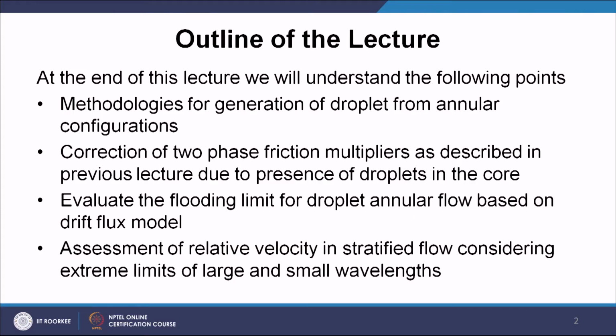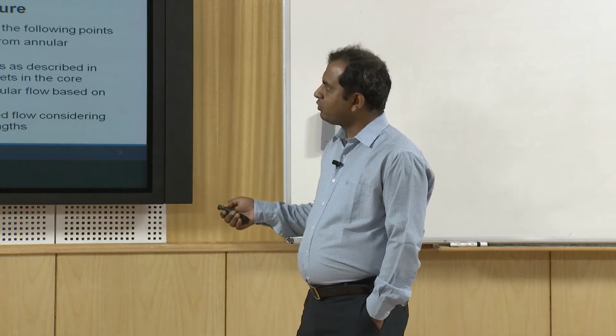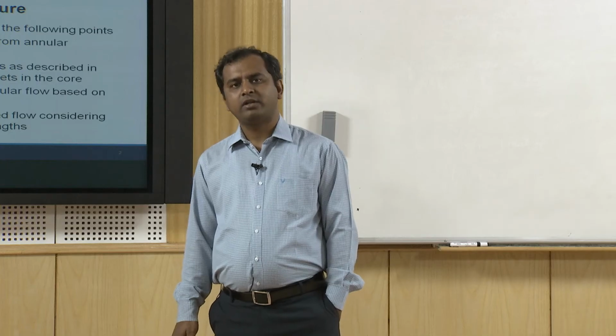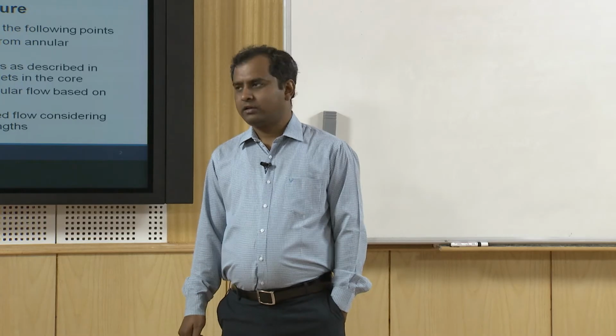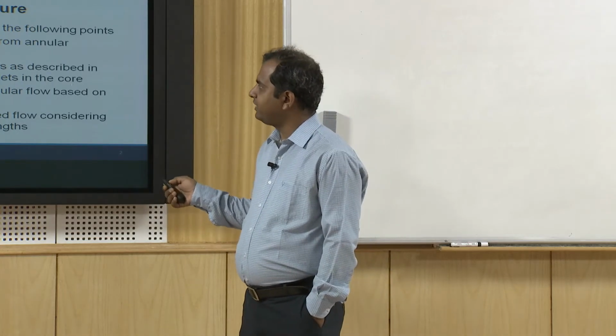We will be understanding the methodologies for generation of droplets from annular flow and how that transforms into droplet flow. We will be correcting the two-phase friction multiplier for calculation of friction factors, whatever we have given in your last presentation, based on the presence of droplet in the core.